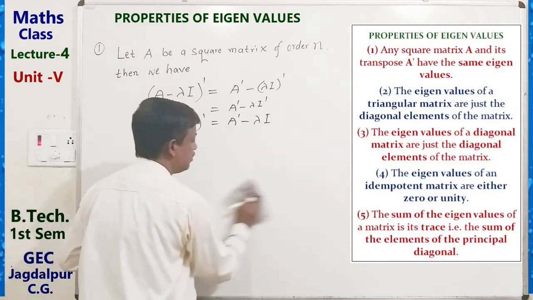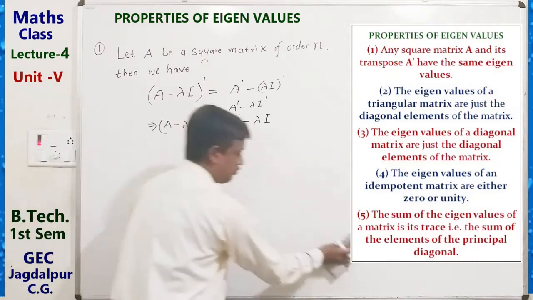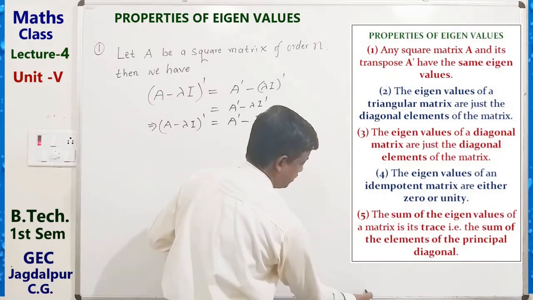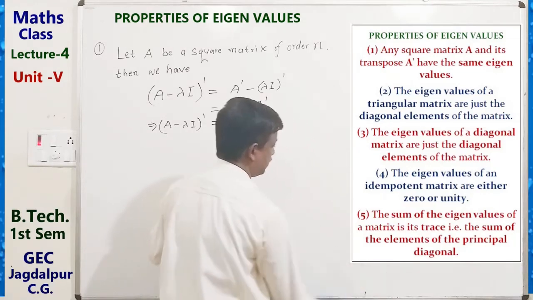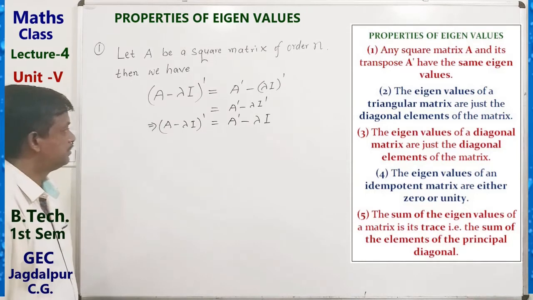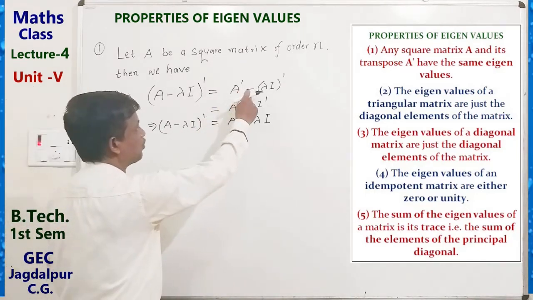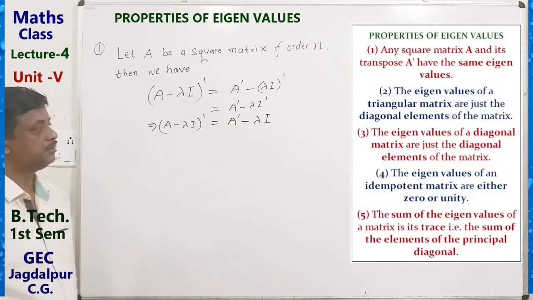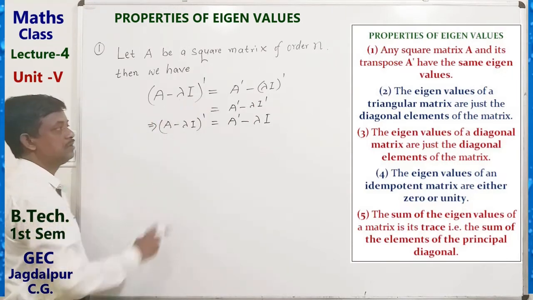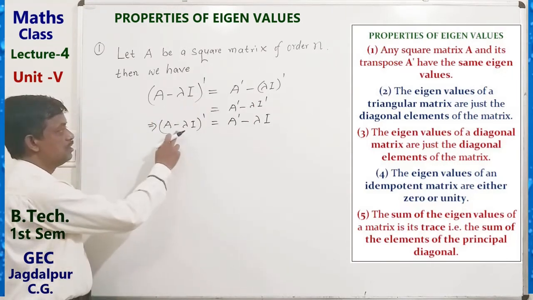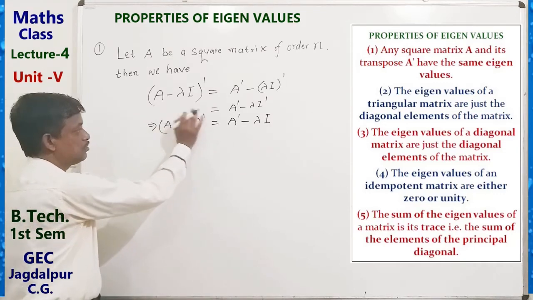Now our target is to show that the eigenvalues of A and A dash are the same. Here, by the properties of transpose, this equals this.